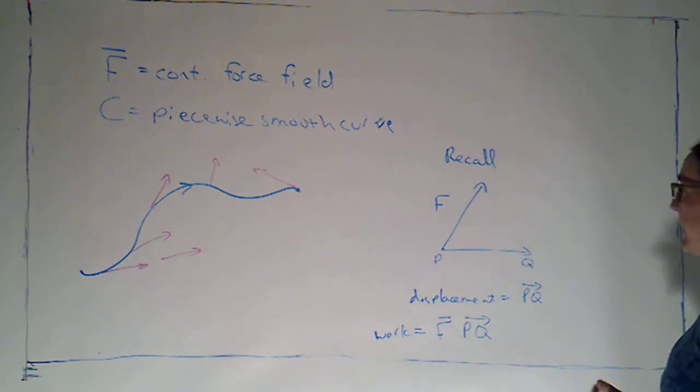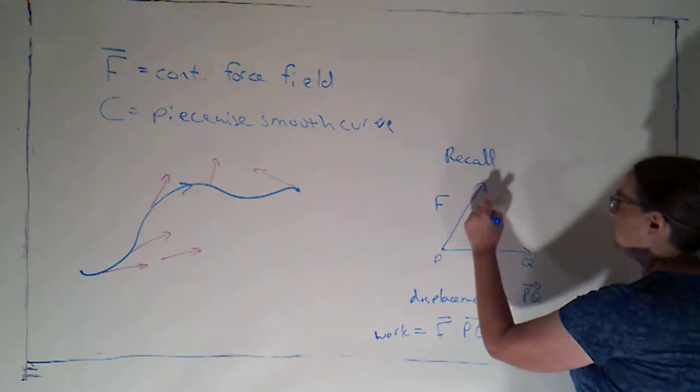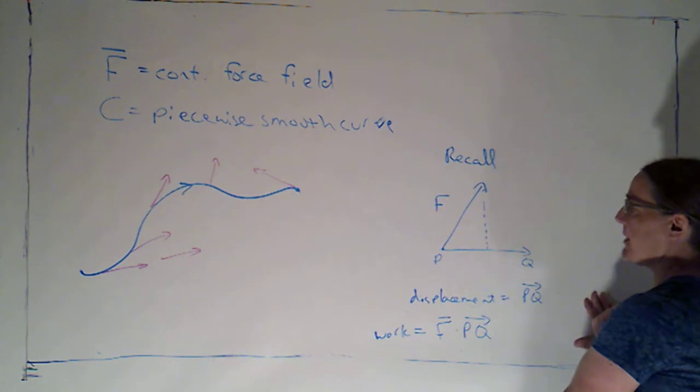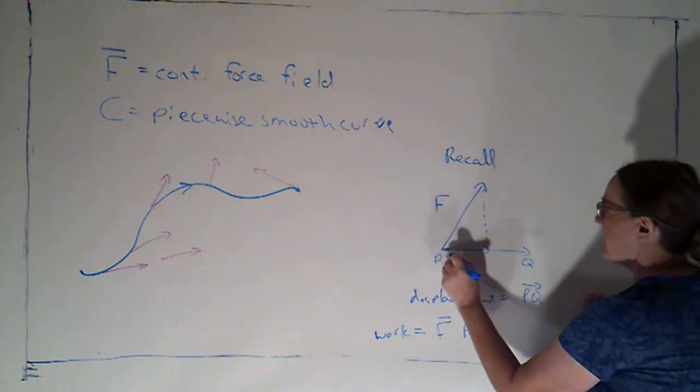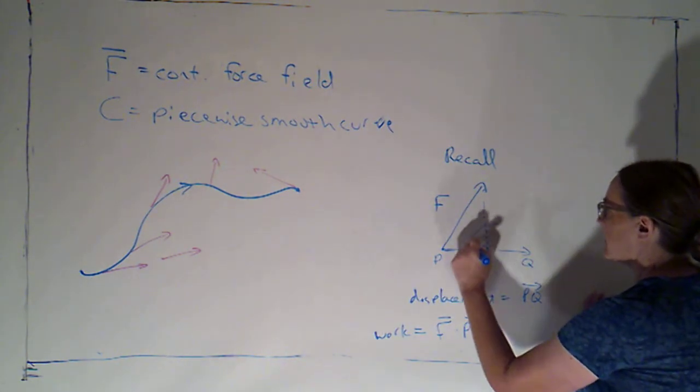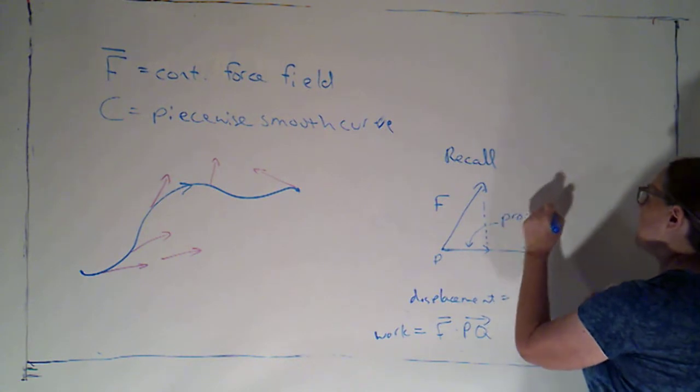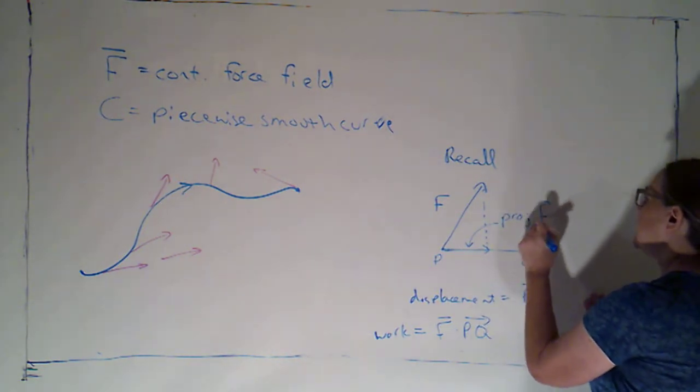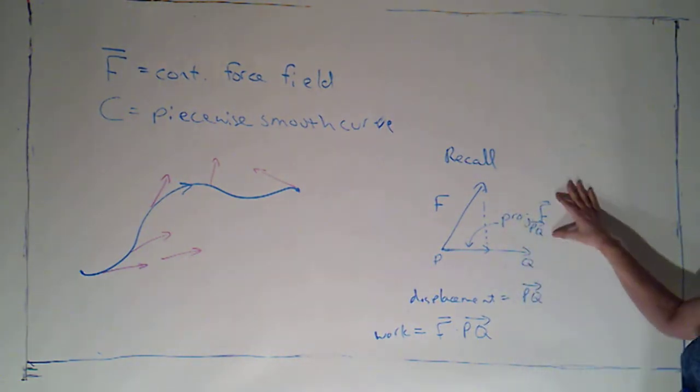If you remember, where that came from is we could break this force up into components. This right here would be the projection of the force onto PQ, and that would be the component of the force that's actually doing the work.